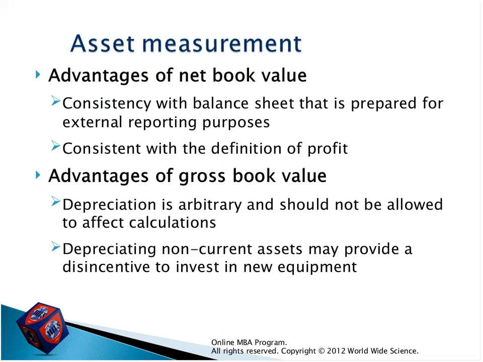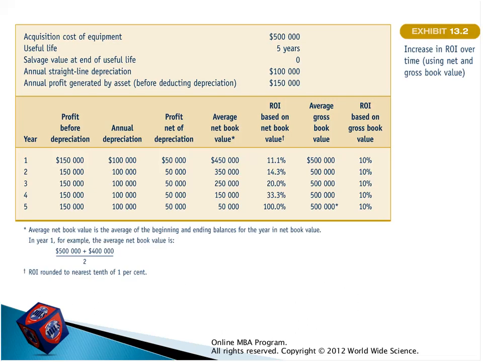Right now I'm going to show you how we can make a calculation based on return on investment for a project. Let me show you this example. Here is an example of an increase in the return on investment over time.